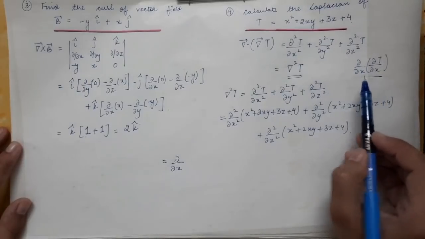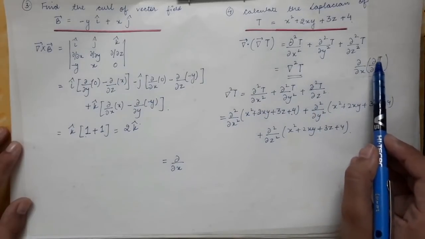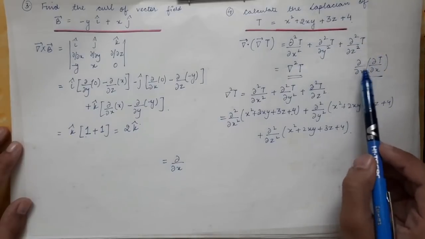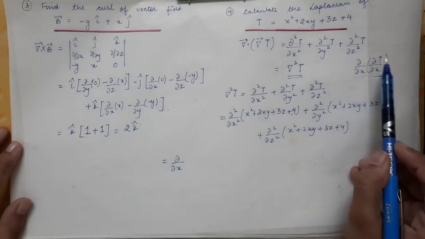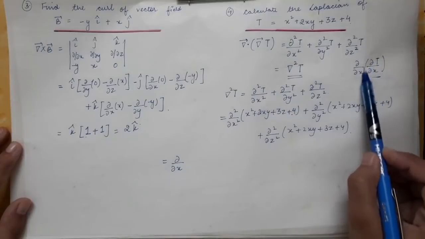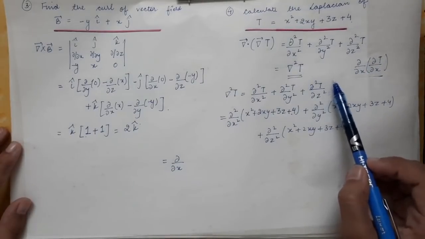Means first you have to do the derivative of T with respect to x, then whatever result you get, you have to do the derivative with respect to x of that result.